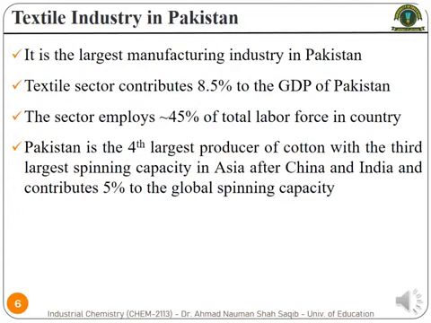Pakistan contributes around 5% of the global spinning capacity. So that again shows how important the textile industry is, and how significantly it can play its role in the development of Pakistan.